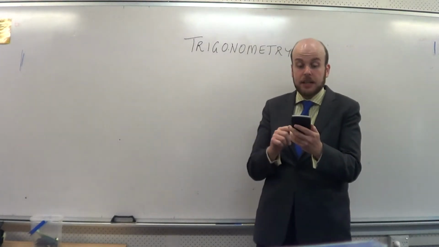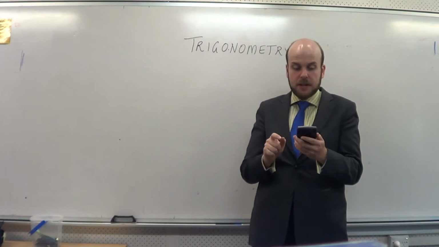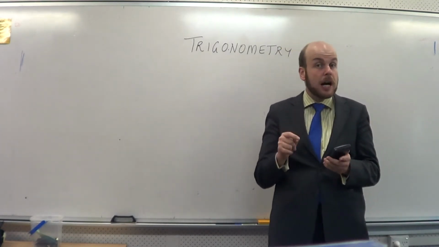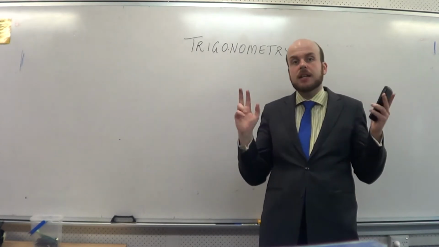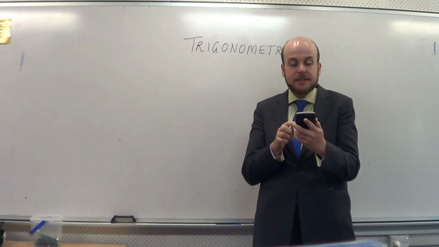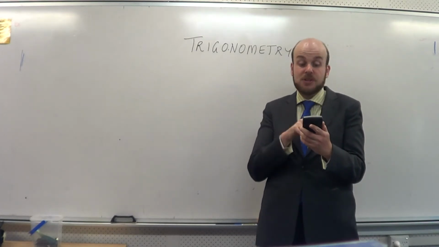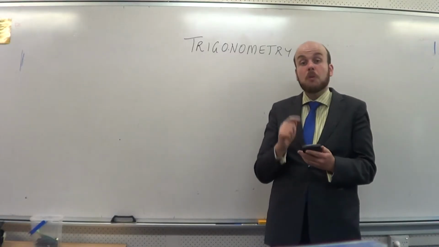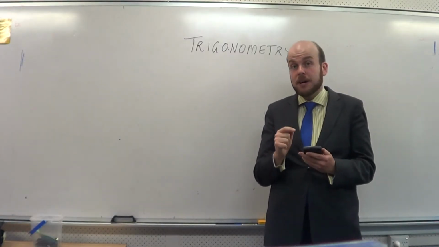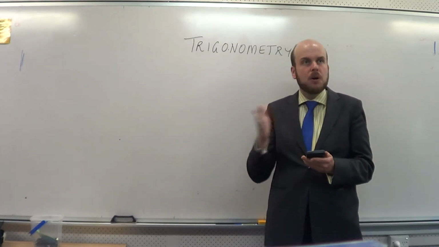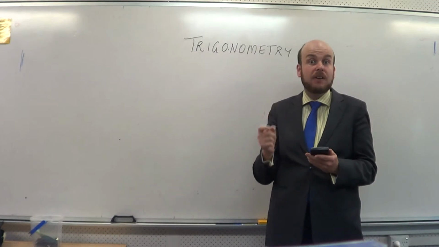When you have your calculator, you'll find that it has some different functions, depending on what yours looks like. Make sure if you're using your iPad that it is selected to scientific mode, so it needs to be on a scientific calculator. But you should find buttons that say sine, cos, or tan, or sin, cos, tan. And make sure that your calculator says DEG, or degrees, or D, as long as it doesn't have R for radians.